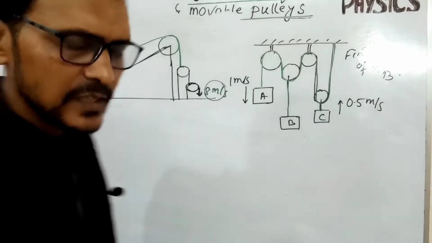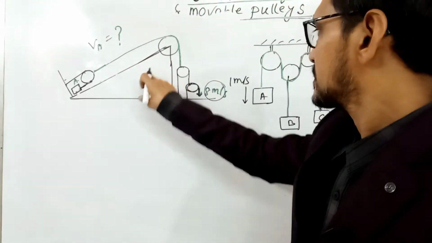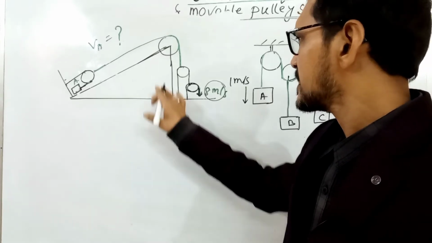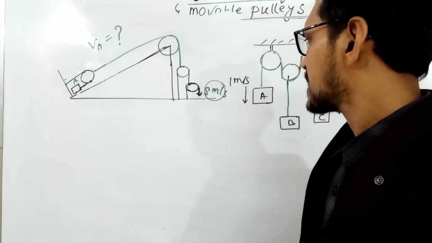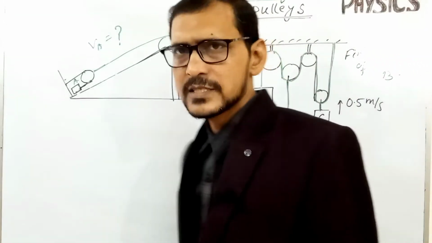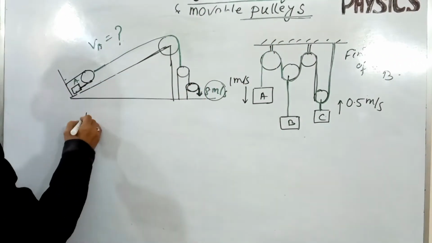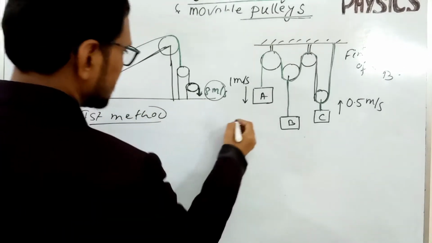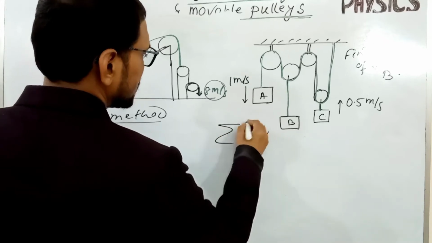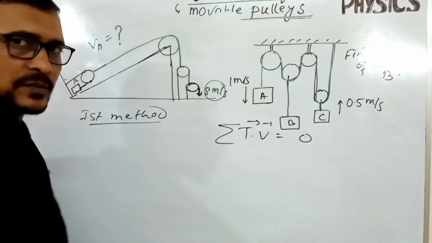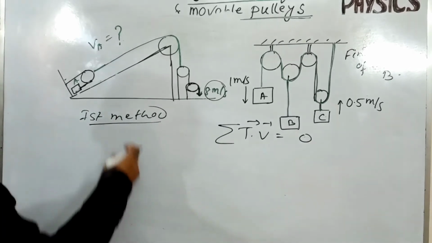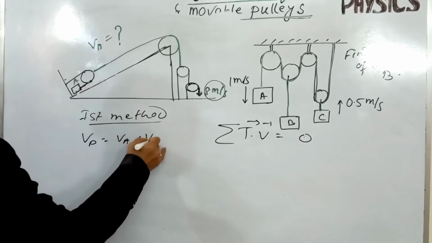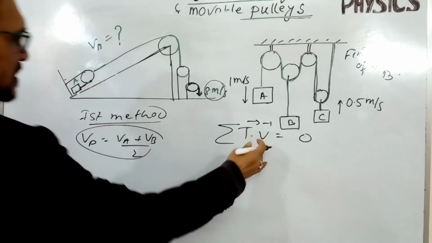Okay, now in this problem I explain this by two methods. First method is T dot V equal to 0, we apply T dot V equal to 0. Next I will explain with the method of Vp equal to (Va plus Vb) by 2. So first I explain this method.